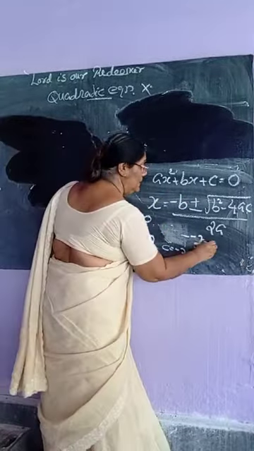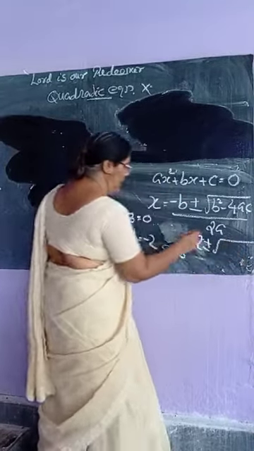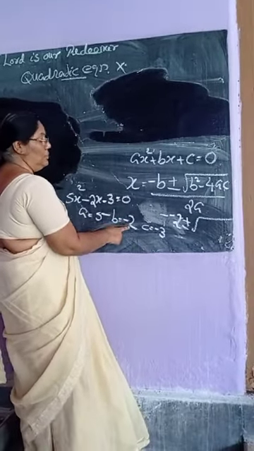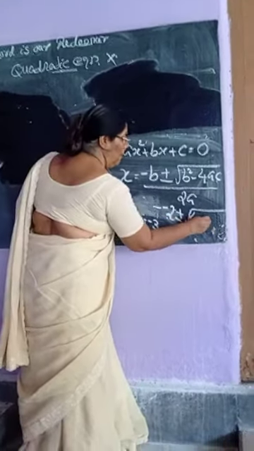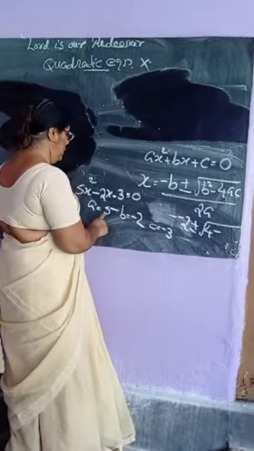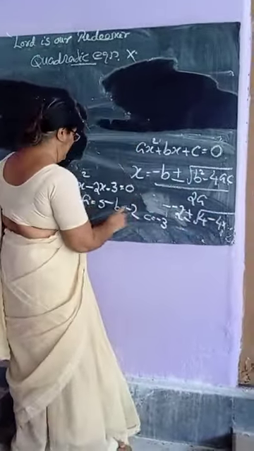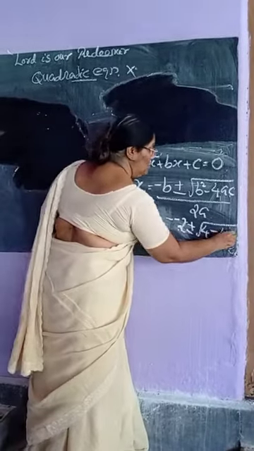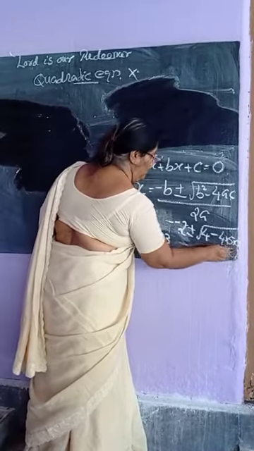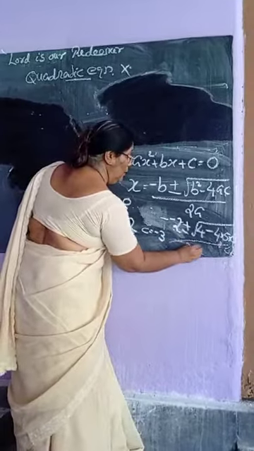Plus or minus root of b square. What is minus 2 square? 4. Minus 4 into a into c: 4 into a means 5 into minus 3. The whole by 2 into 5.